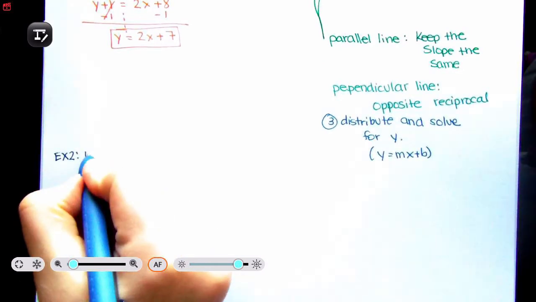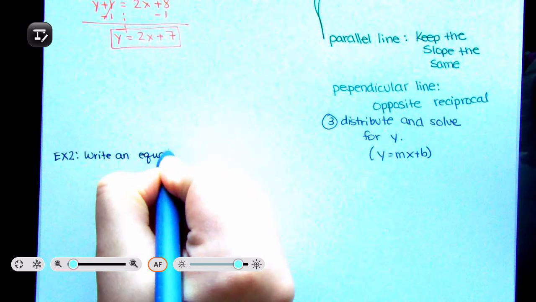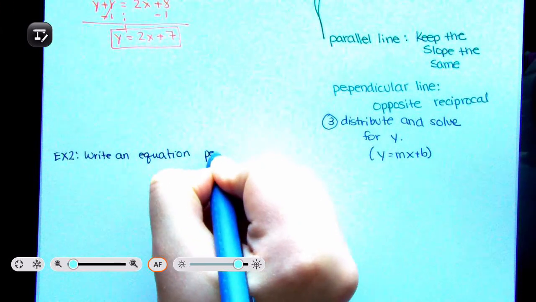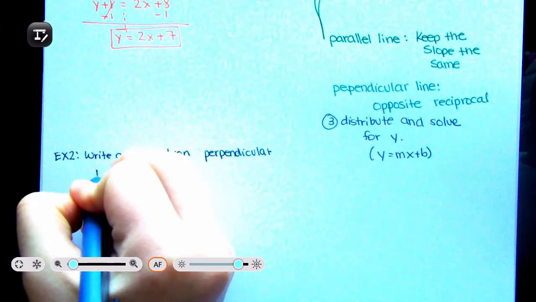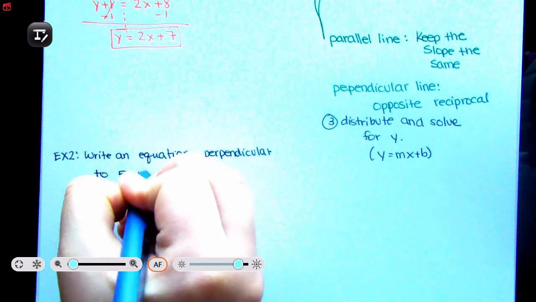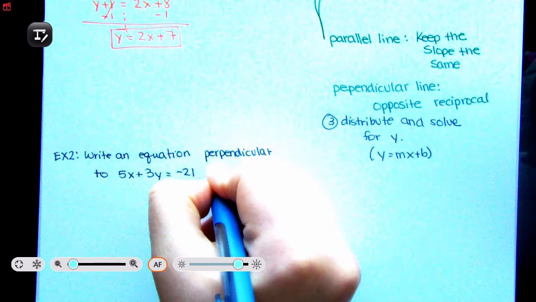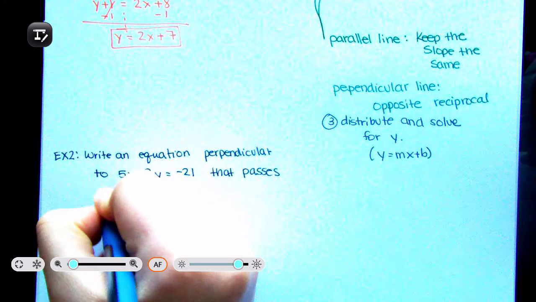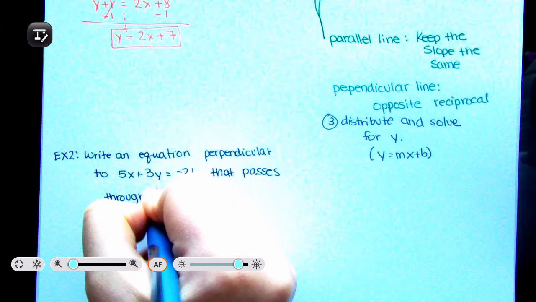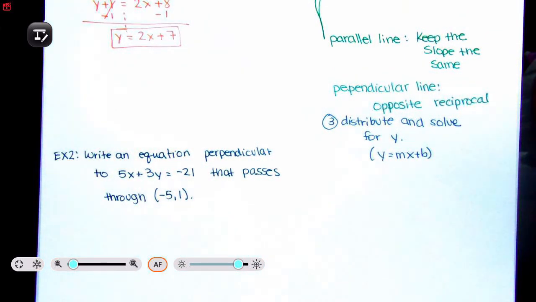So write an equation perpendicular to 5x plus 3y is equal to -21 that passes through -5 and 1. Again, highlight, circle, do whatever you need to do to know your 3 pieces of information.